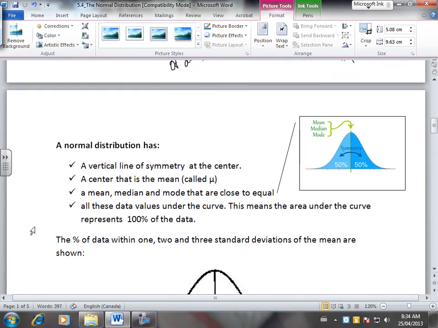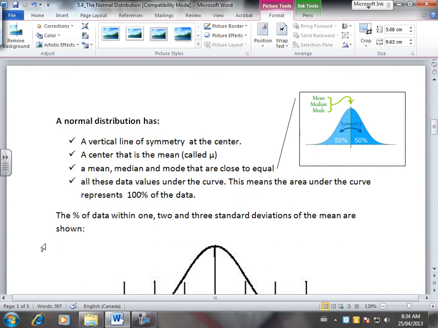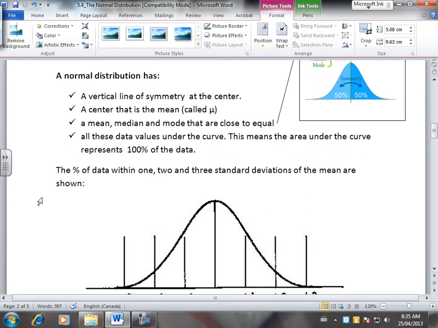And of course, when we look at that middle, that's going to be what we call our mean. So when we put that vertical line of symmetry or that dotted line down the middle, we call that the mean. And we have a new symbol for mean, and it's called mu. So it's like a U with a weird little tail on the beginning.